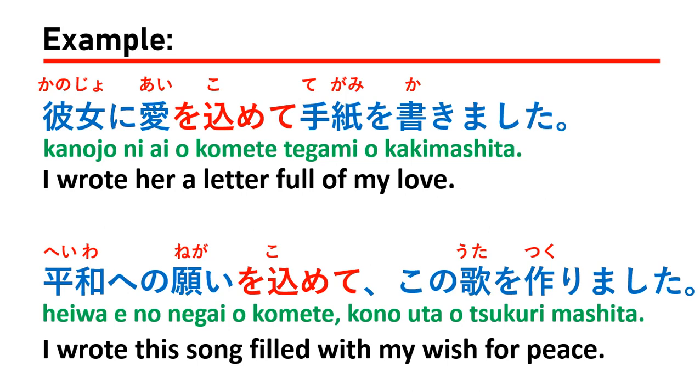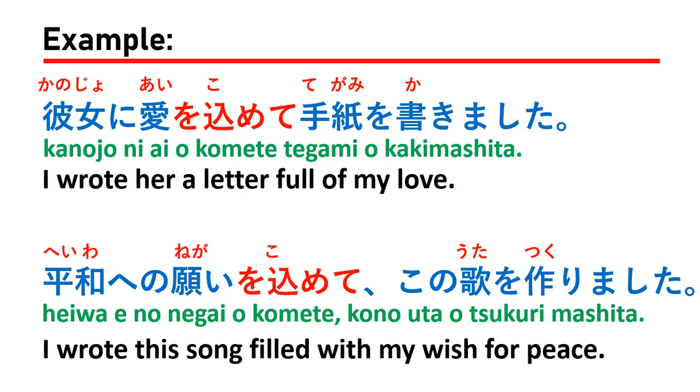In Japanese, 願い is when you wish something for yourself, for the world, or for anybody. For example, what you want to be in the future, that is your wish, or your 願い in Japanese. So here it says 平和への願いを込めて.